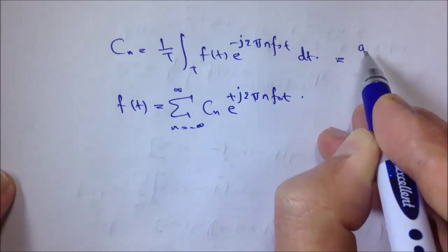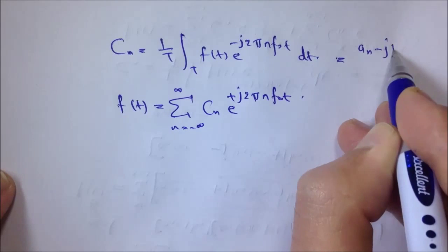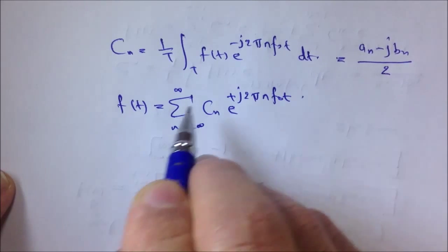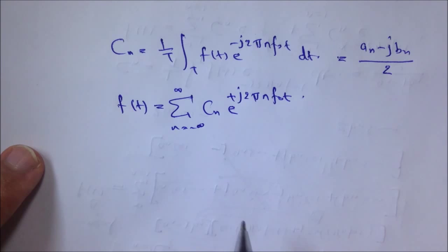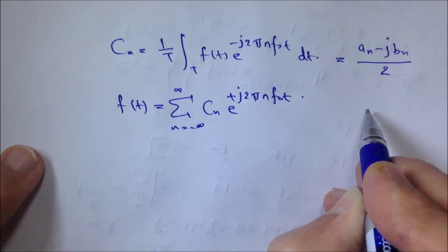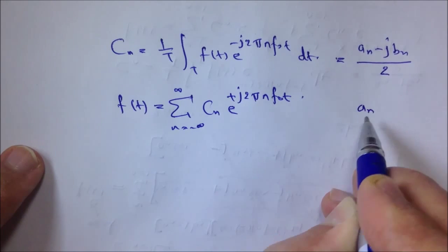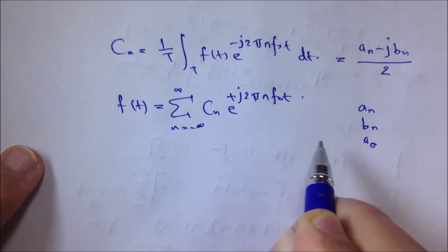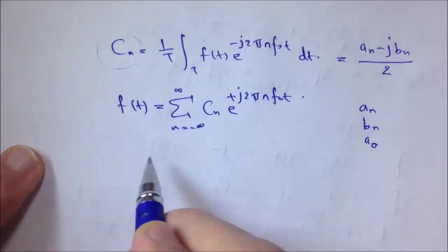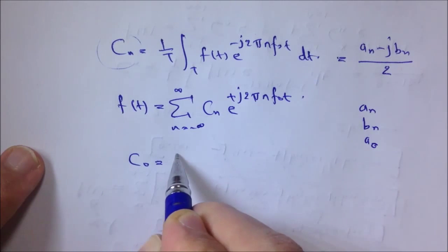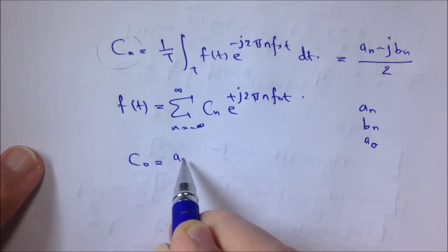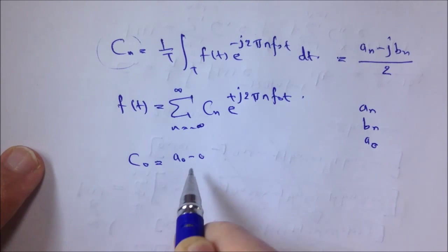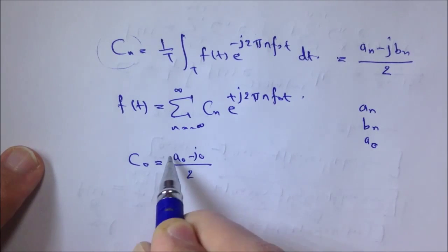It equals a sub n minus j b sub n divided by 2. So the three integrals are evaluated, which are the a sub n integral and b sub n and a naught. You can see that if we substitute 0, we get c naught equals a naught minus j b naught. B naught is always 0, divided by 2.